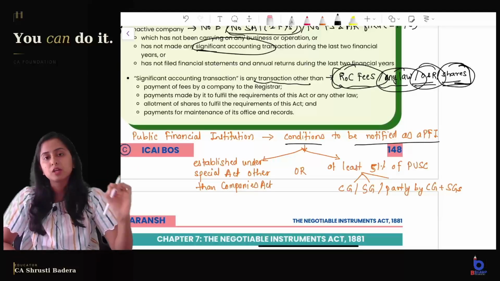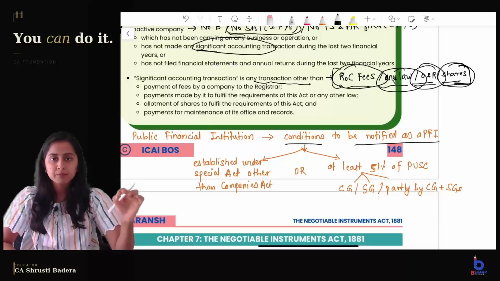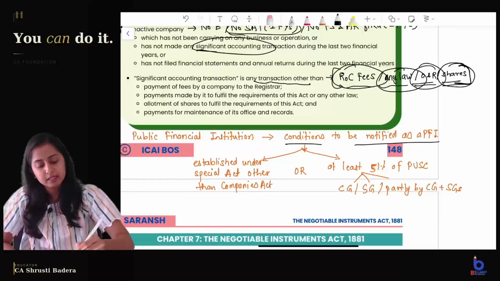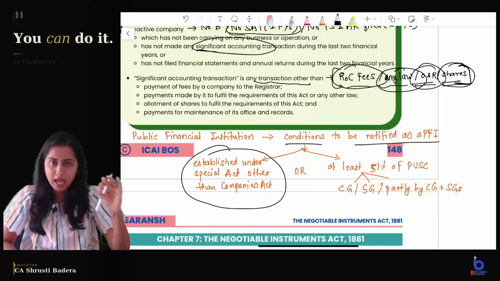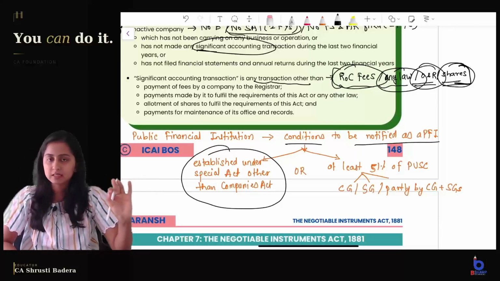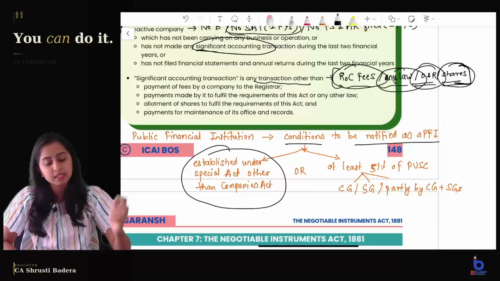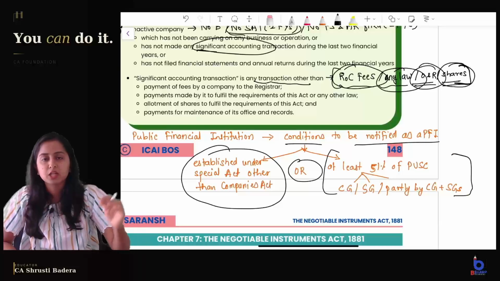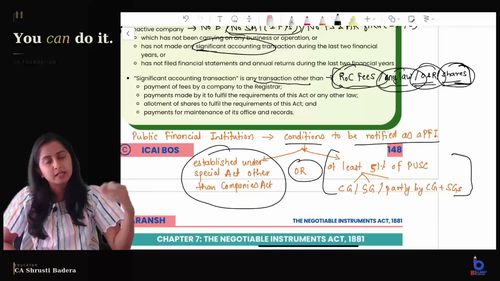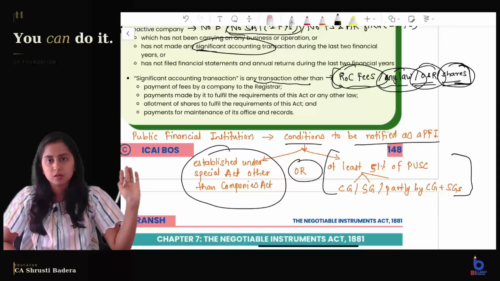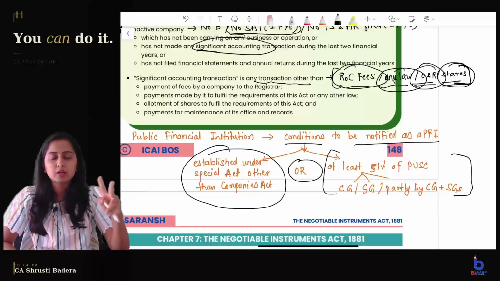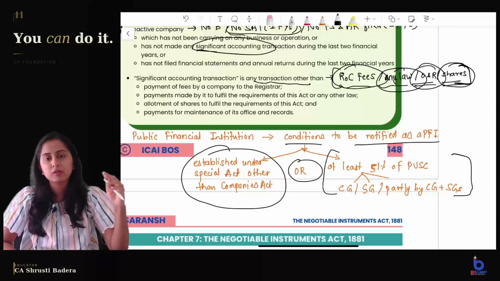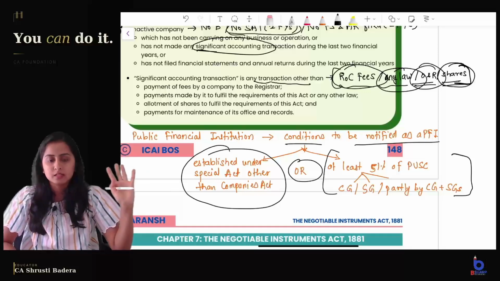But the government can notify an institution to be a PFI only if it is established under a special act other than Companies Act, or it has at least 51% of the paid up share capital held by government, central, state, or any combination. Okay, so these are the two conditions, any of which if fulfilled, the central government can notify the organization as a public financial institution.